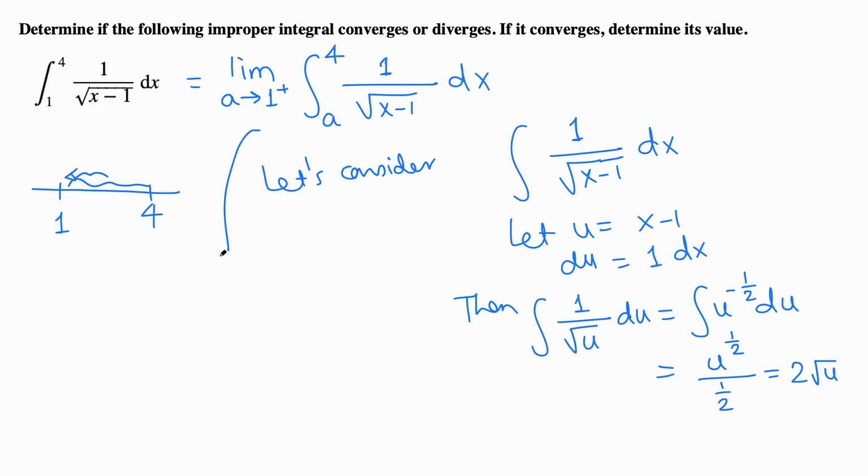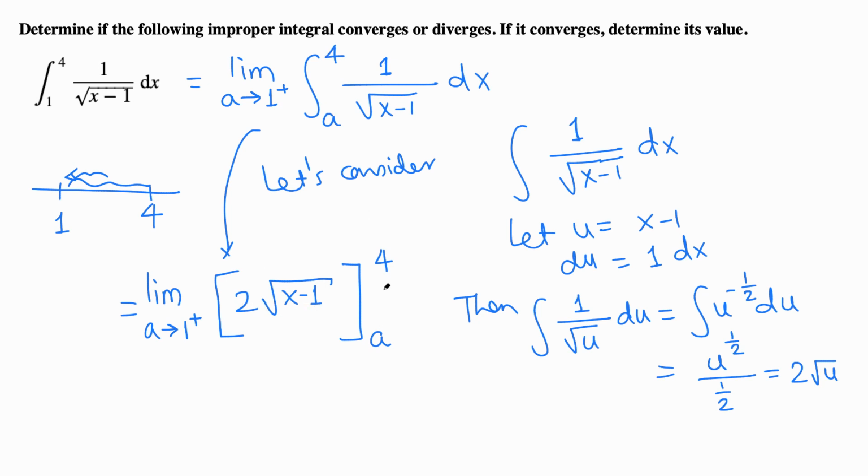So from here, now I have the following: limit a going to 1 from the right side, and this integral becomes, a through 4, and we found this antiderivative, which is 2 root u, where u is x minus 1. So the antiderivative of this is 2 square root of x minus 1.